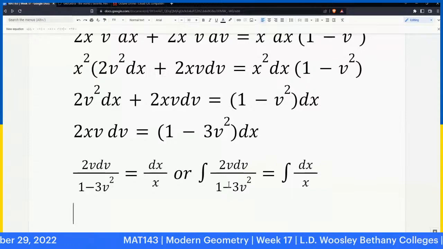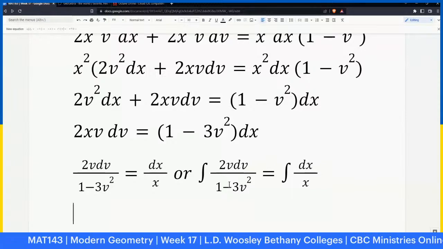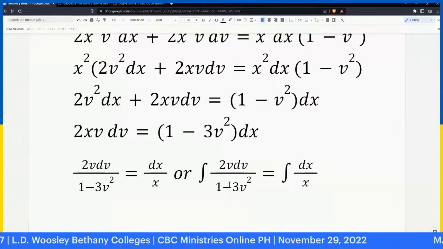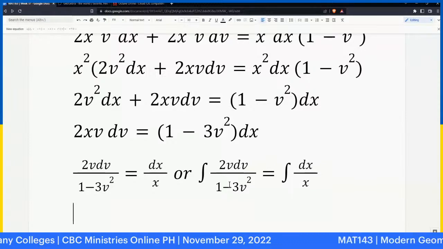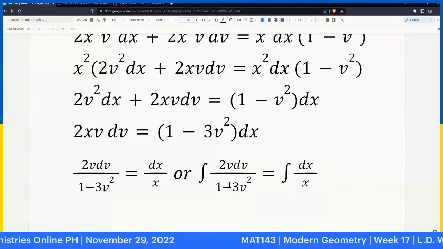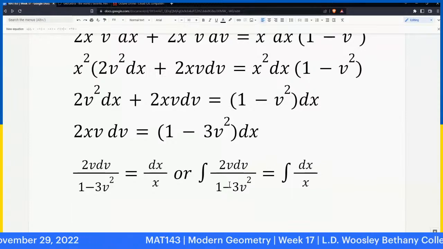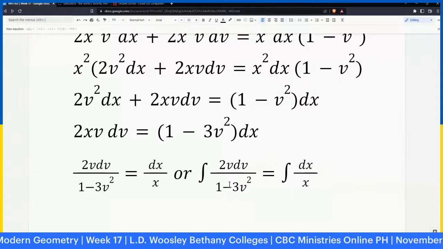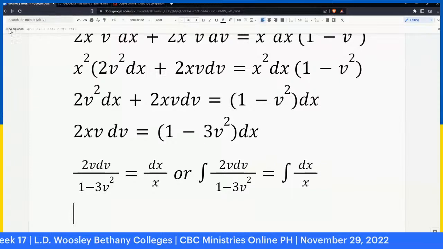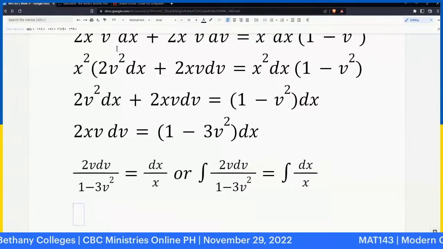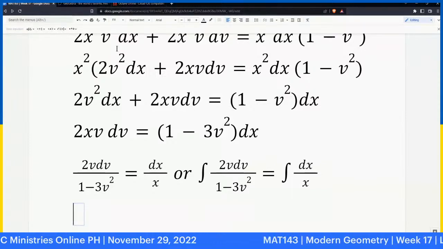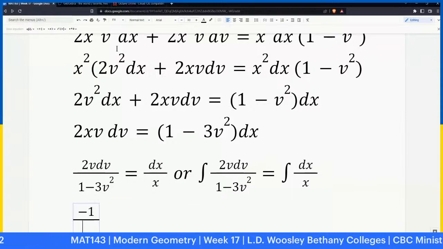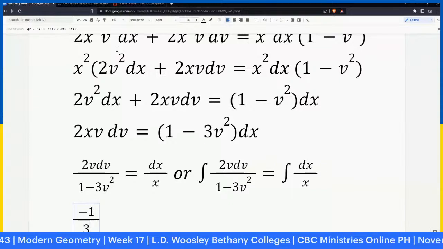6b po ba? Okay, 6b. O kaya lang, meron ka lang 2 dun eh. So, magkakaroon ka ng neutralizing factor na 1/3. Tama? 1/3. At negative, kasi negative 6, di ba? So, negative 1/3.